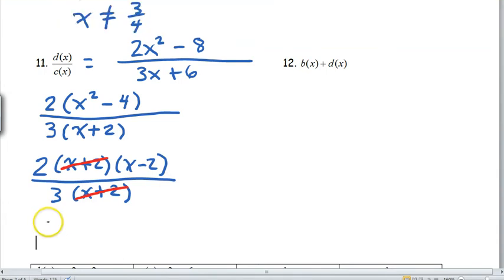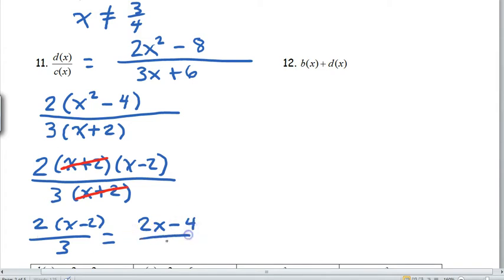So that's going to leave me with 2 times x minus 2 over 3, which would be 2x minus 4 over 3.